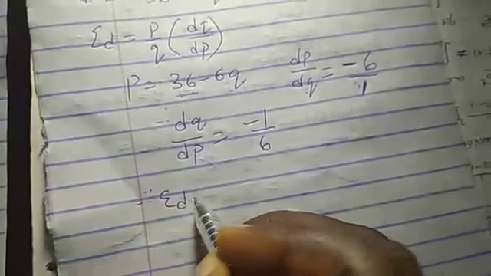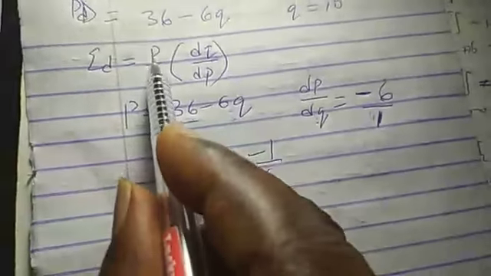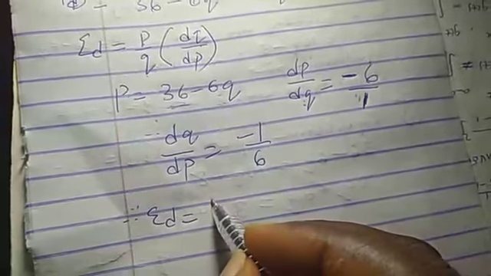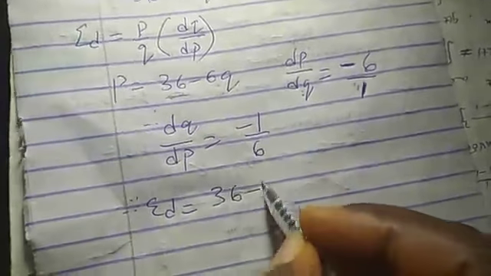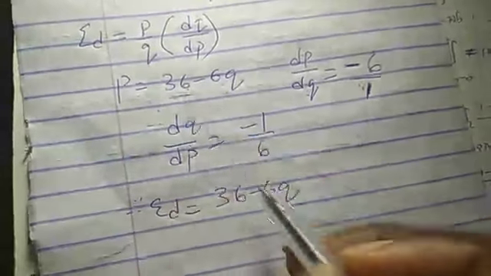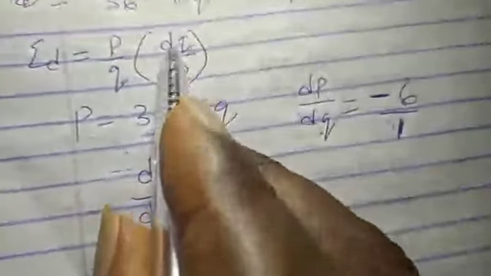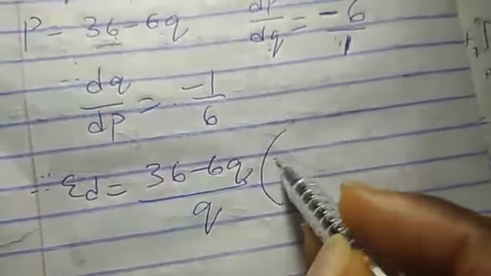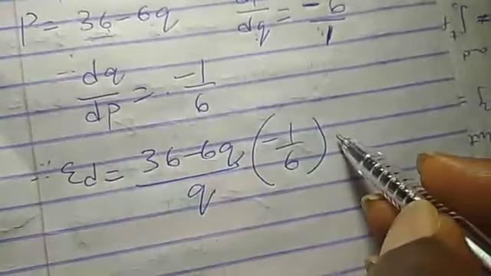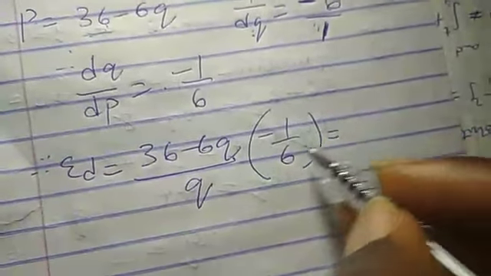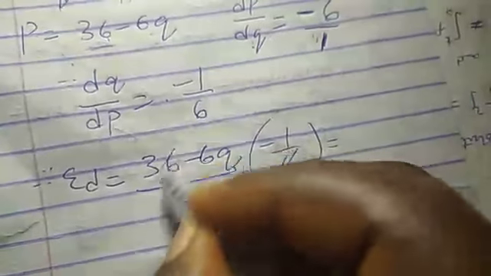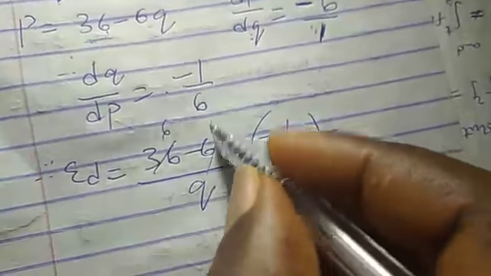Therefore, our elasticity of demand will now be price over quantity. This is our price, 36 minus 6Q, over Q, times dQ over dP, which is minus 1 over 6. And that will give me 6 cancel 6.